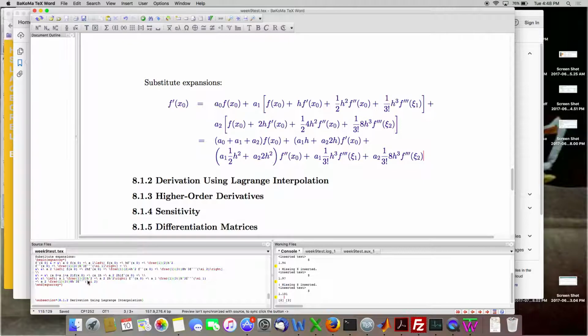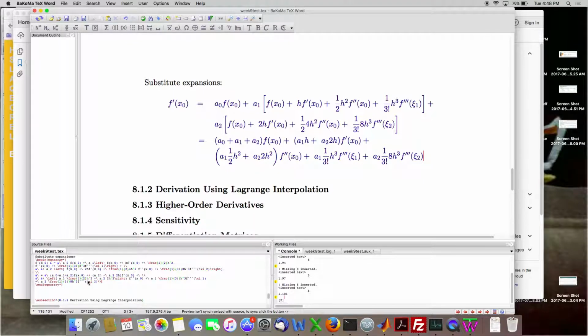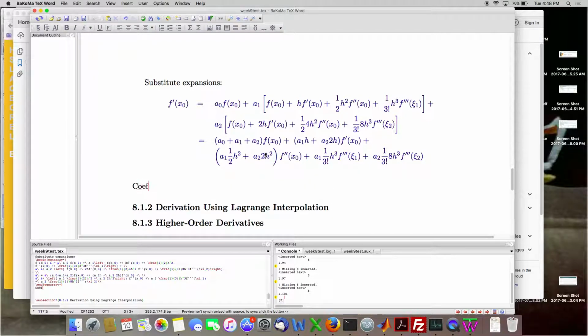So now we're in a position to impose some conditions on a0, a1, and a2. First of all, we want this to equal f prime of x naught. So any other terms, if possible, we want to make disappear.